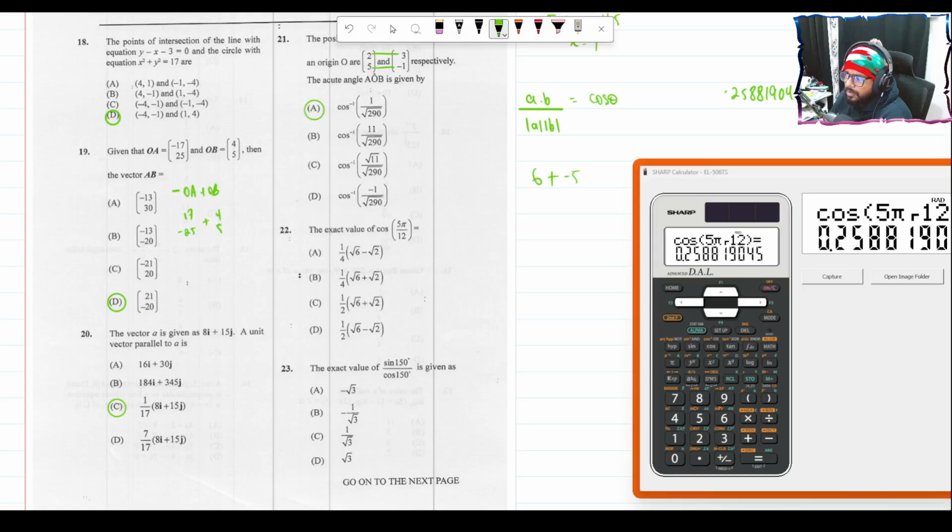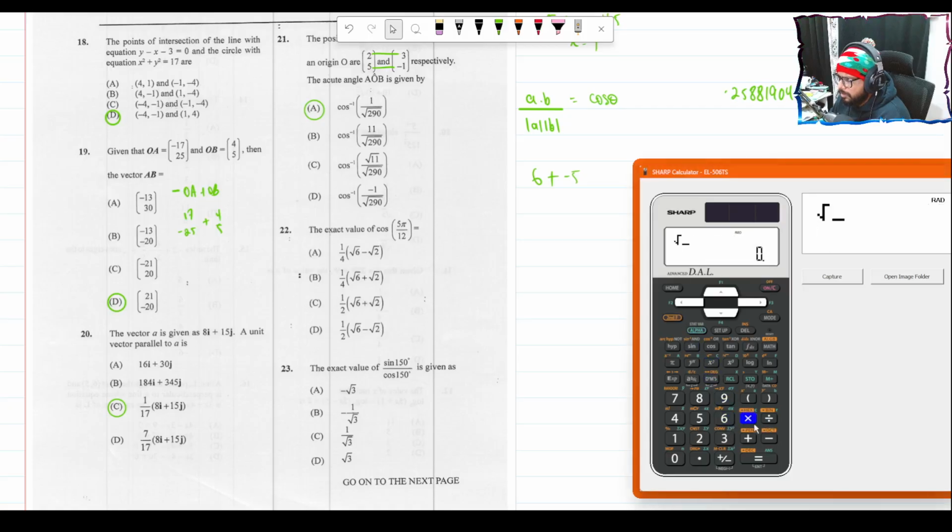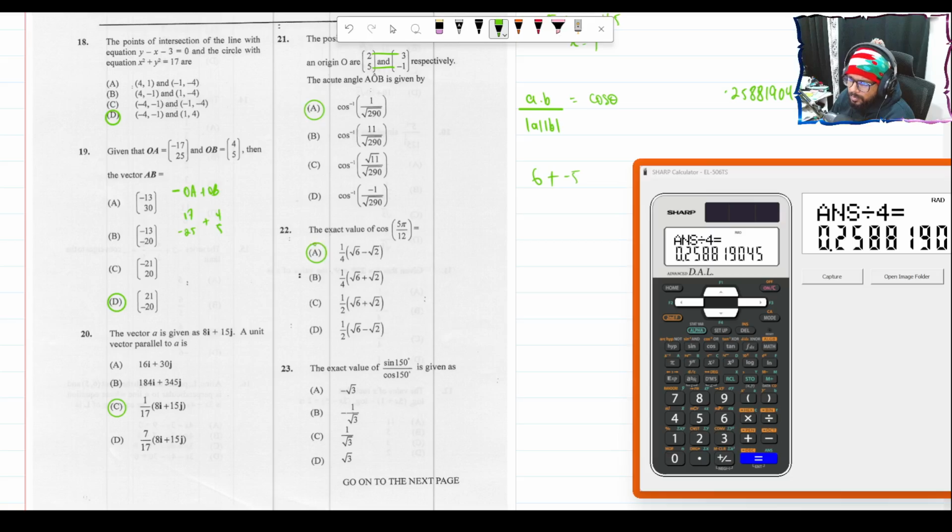Let me check which one gives me the answer. Root 6 take away root 2, divided by 4. The answer is A. If you all want to, I could go and check B, C, and D, but we don't have to.